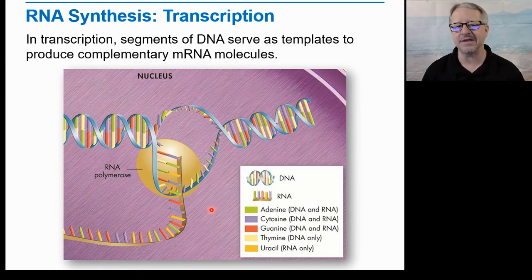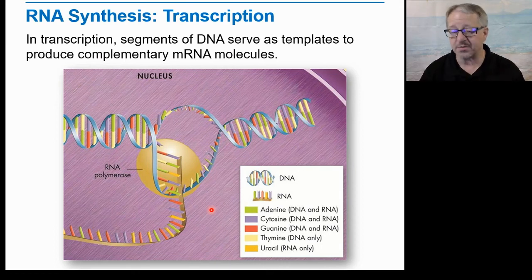Translation, we're going to get into later. Translation is when the actual amino acids are brought in and linked together into the polypeptide chain. That's called translation, and that happens in the cytoplasm. But in the nucleus, we call this transcription. It's important to know the difference between those two terms.